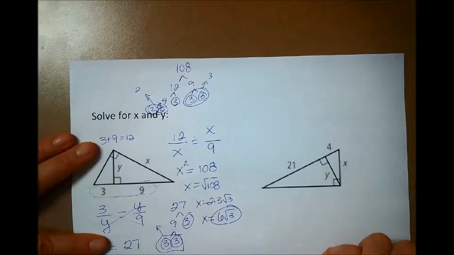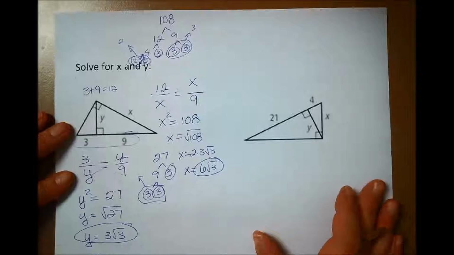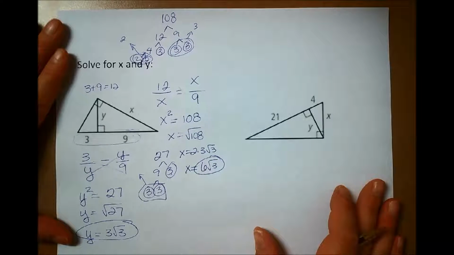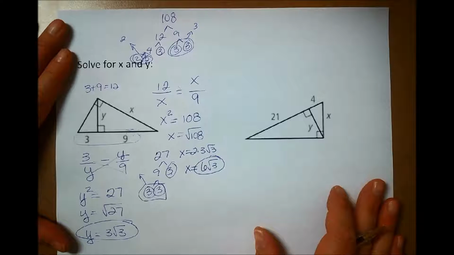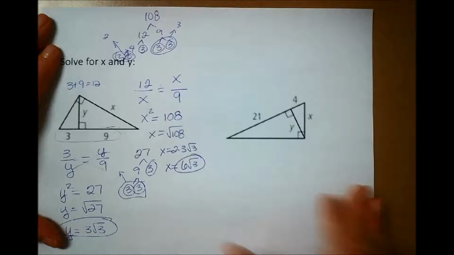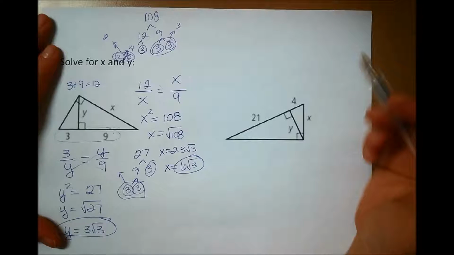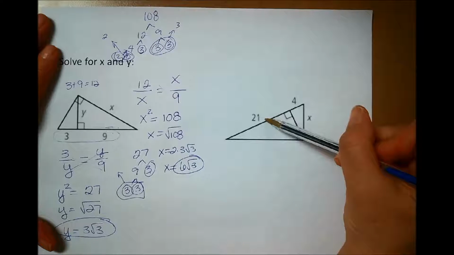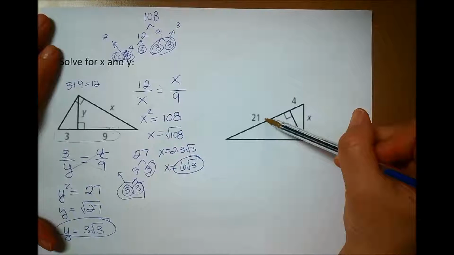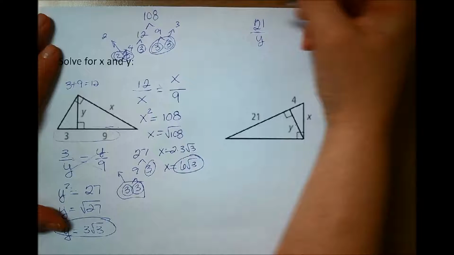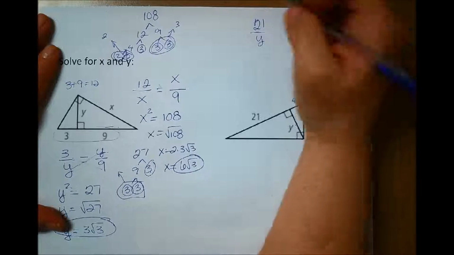So most of our work on this homework is going to just be finding geometric means. Let's do one more example. Okay, the altitude is a geometric mean of the segments. So 21 over y equals y over 4.